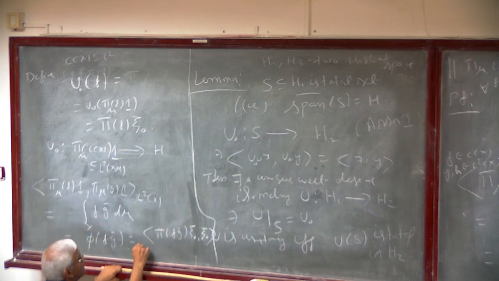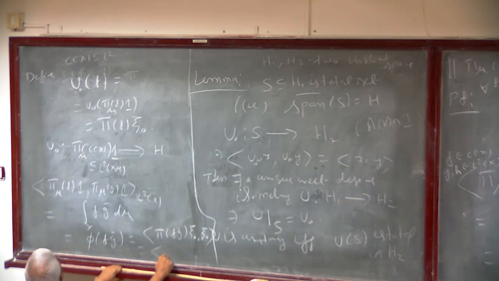Okay, so this is equal to pi of, getting phi of f, phi of g, which is equal to f and g, which is equal to fg bar, which is equal to phi of fg bar, maybe phi of fg bar.